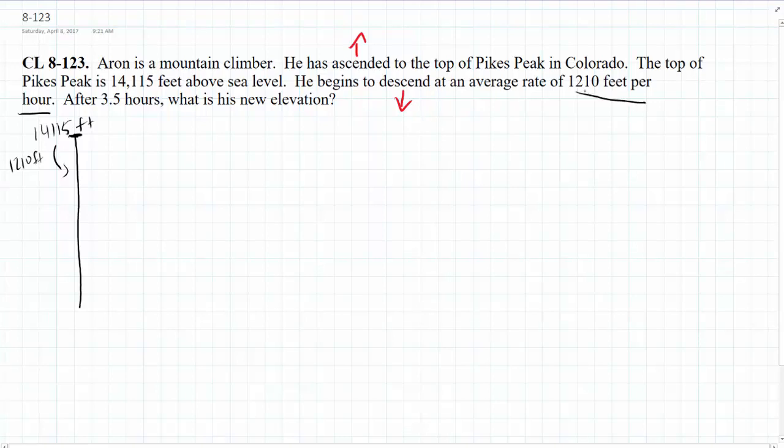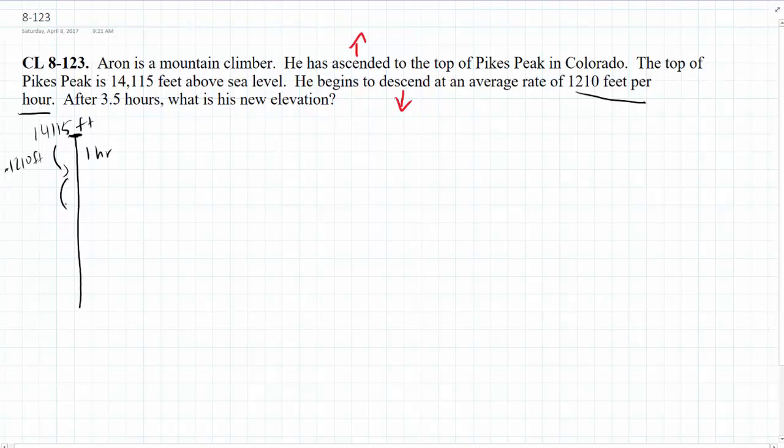So in 1 hour he's going down 1,210 feet, so that's negative. And every hour he's going to go down 1,210 feet.